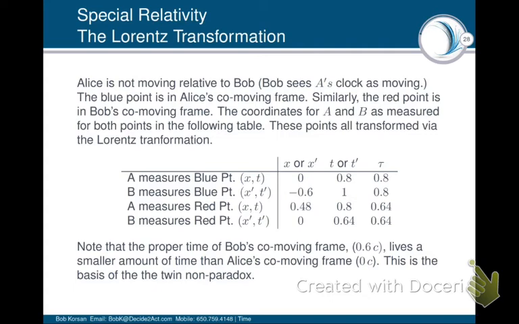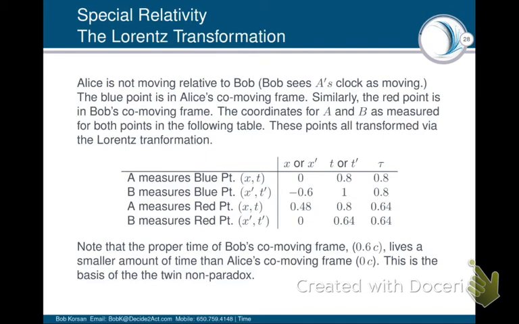Bob, on the other hand, has different measurements. Those are given by the Lorentz transformations, and they will show that the x prime point of Alice's blue point is minus 0.6 and t equals 1. Again, as we said, the time of Bob's measurement is longer.